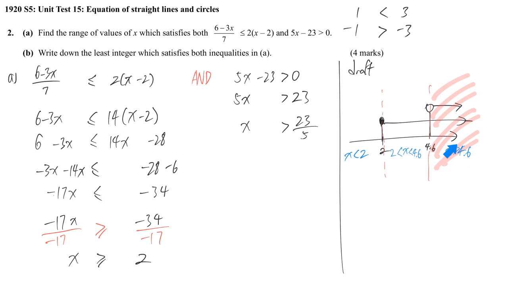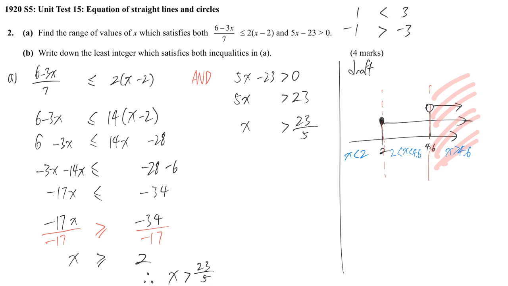So this is our final answer for part A, and you need to give the conclusion by using the symbol therefore. x is larger than 23 over 5, or you may say x is larger than 4.6. This is the simplified answer of this one and this one. Therefore, this deserves one final answer mark for part A.